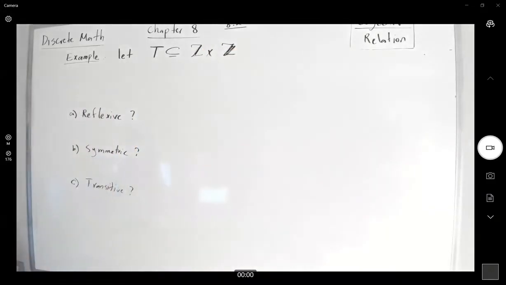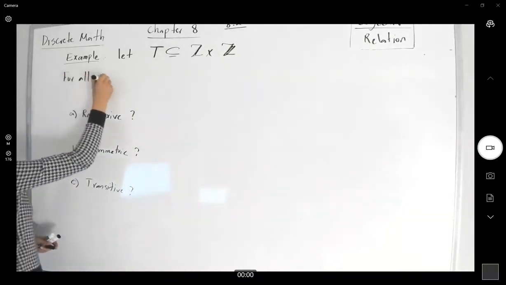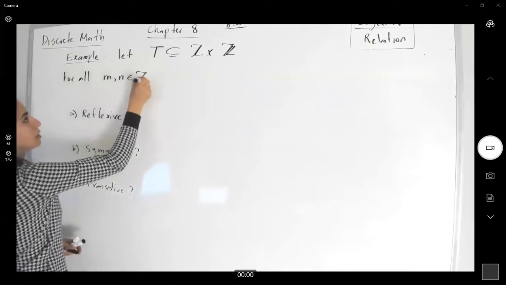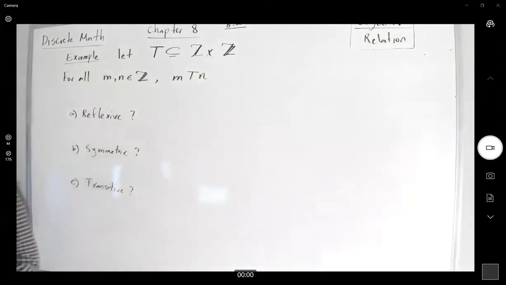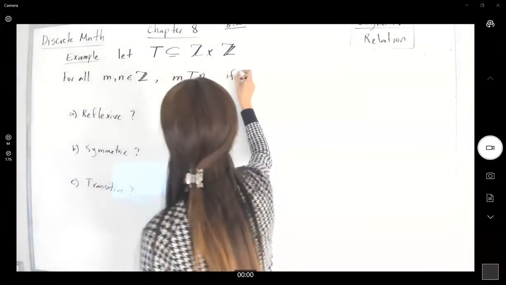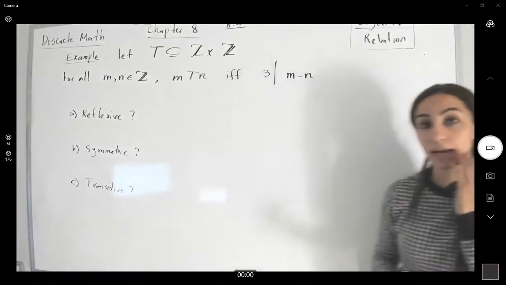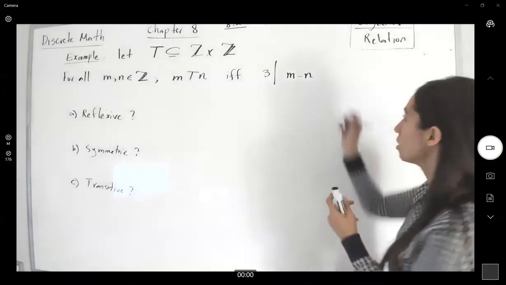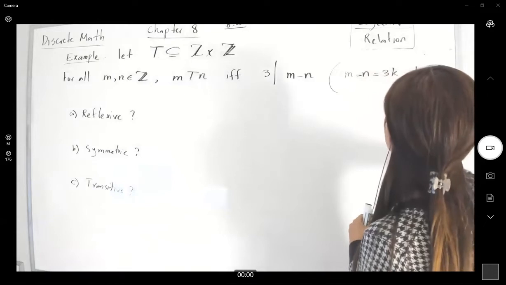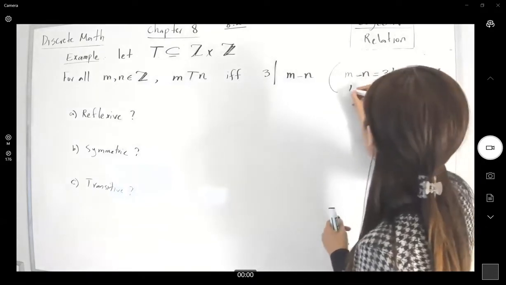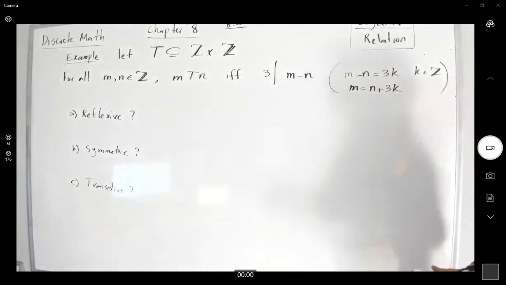We say that for all integers M and N, M is in relation with N if and only if 3 divides the difference between M and N. What's the meaning of that? It means that M minus N is equal to 3K, K is an integer, or M is N plus 3K. That's the meaning of that.